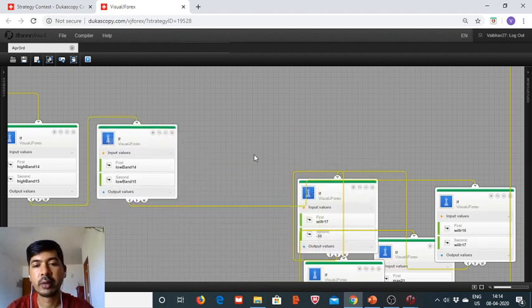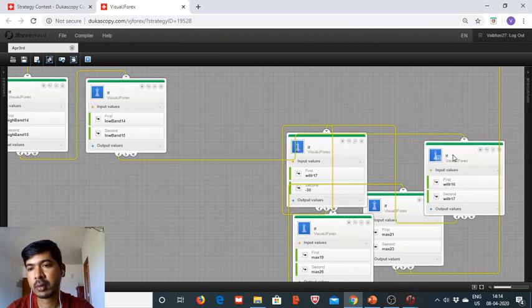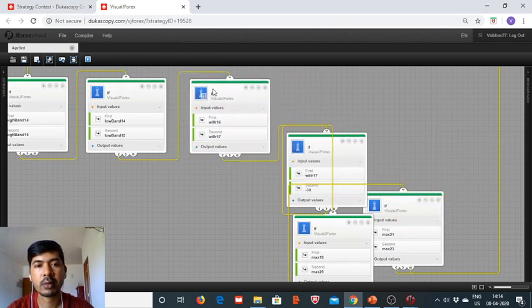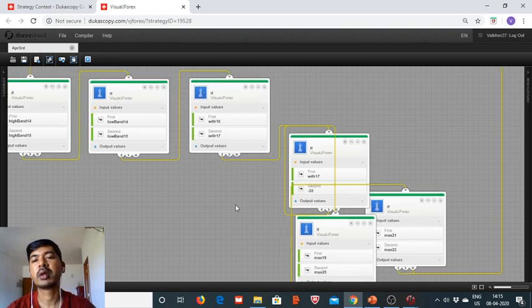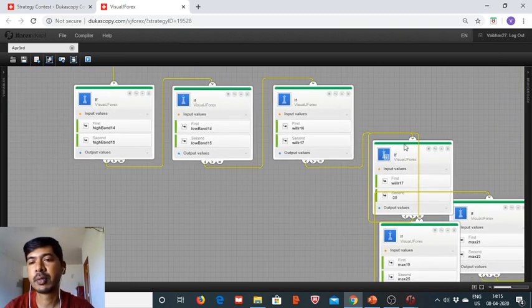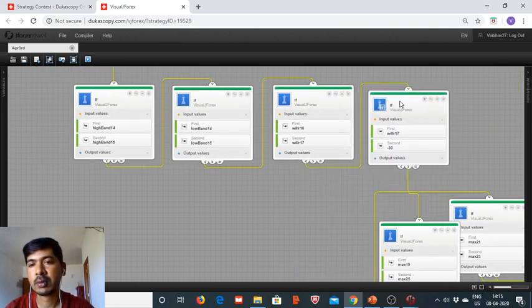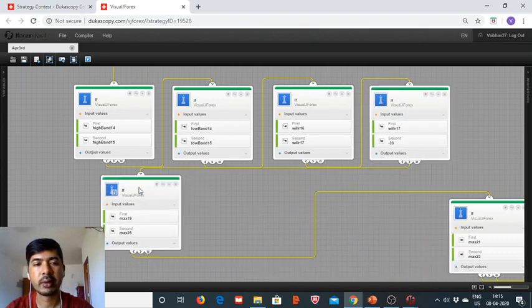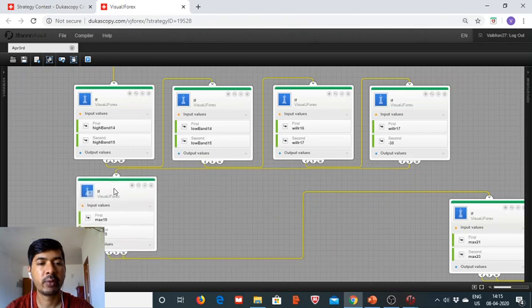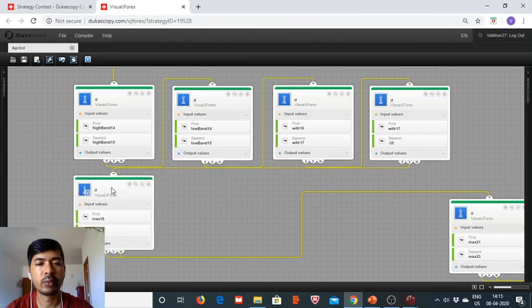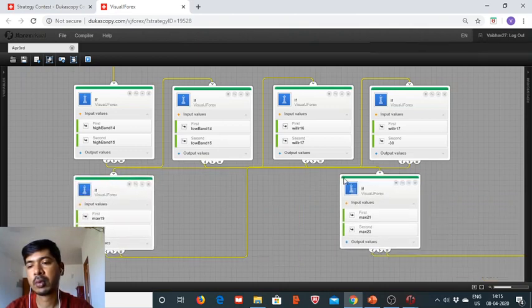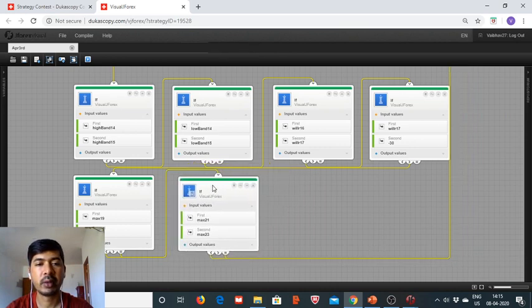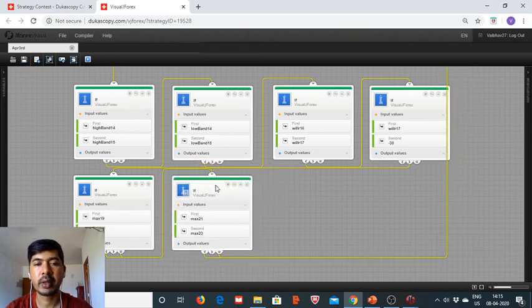So here we arrange these conditions. And then we have to define the sale entry price.